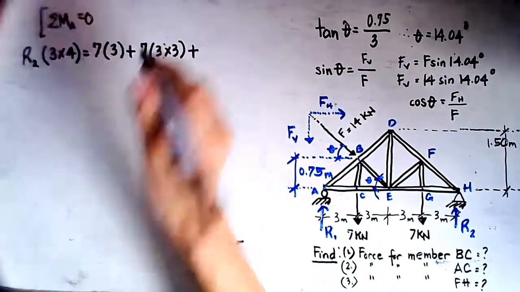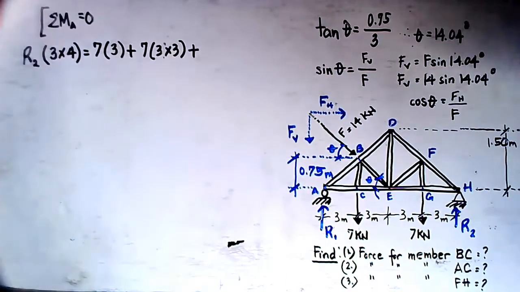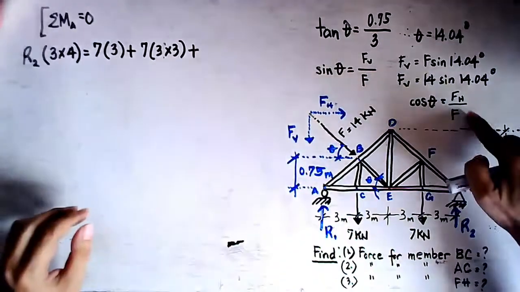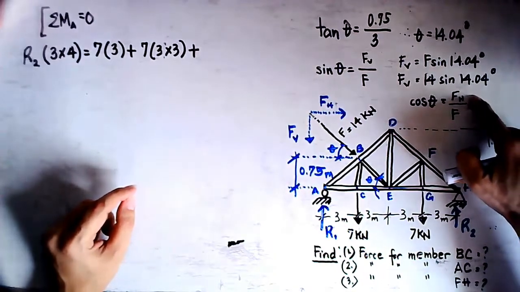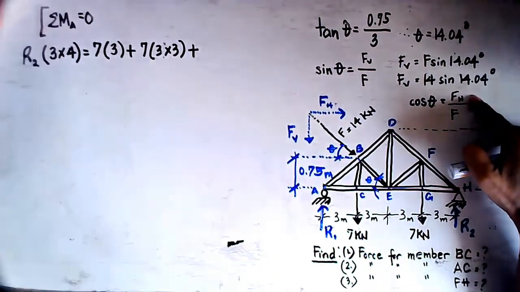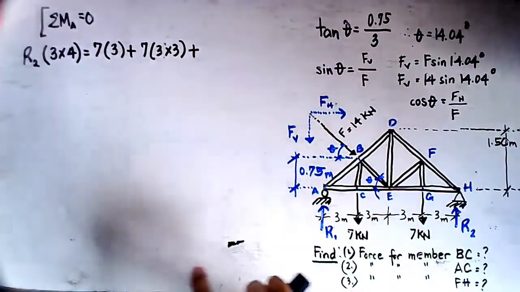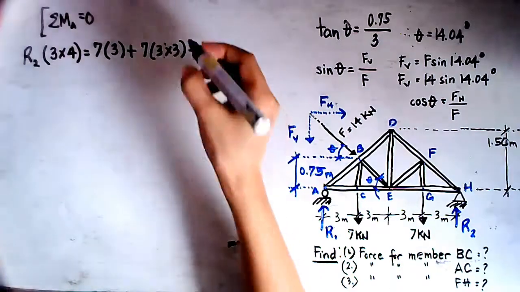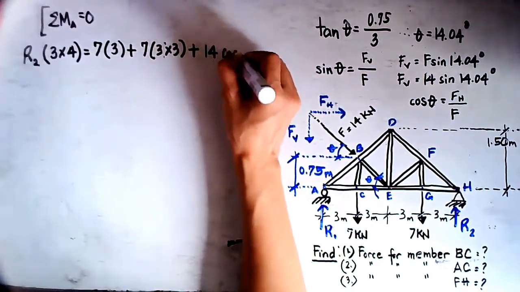Plus, you would notice that using this trigonometric function, we can make use of F horizontal. F horizontal is going in the clockwise direction. So that would be 14 times cosine of 14.04 degrees.